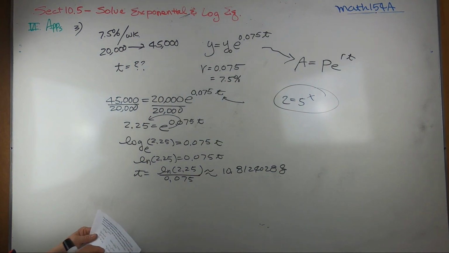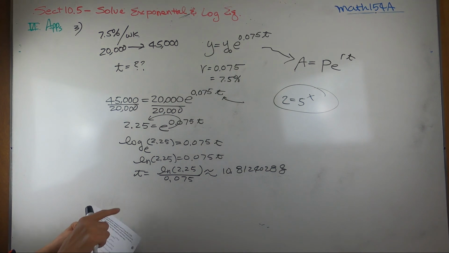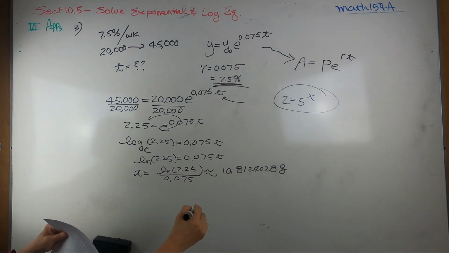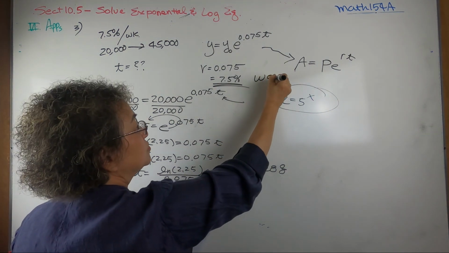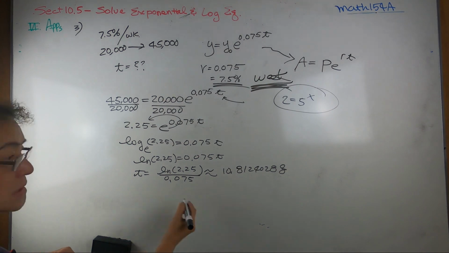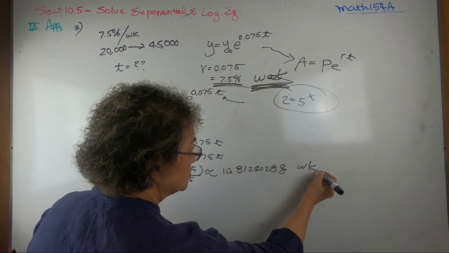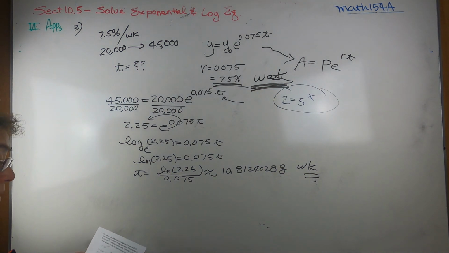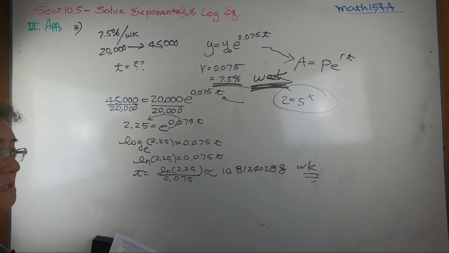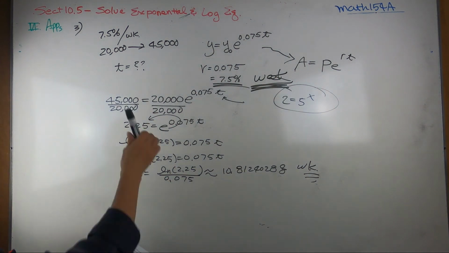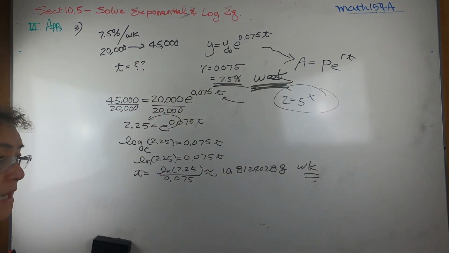What is t? By the days, by the weeks, by the month, by the year? Take a look. The rate, 7.5%, is by the week. So that means this would be 10.81 weeks. The question is about how many days from 20,000 to 45,000.